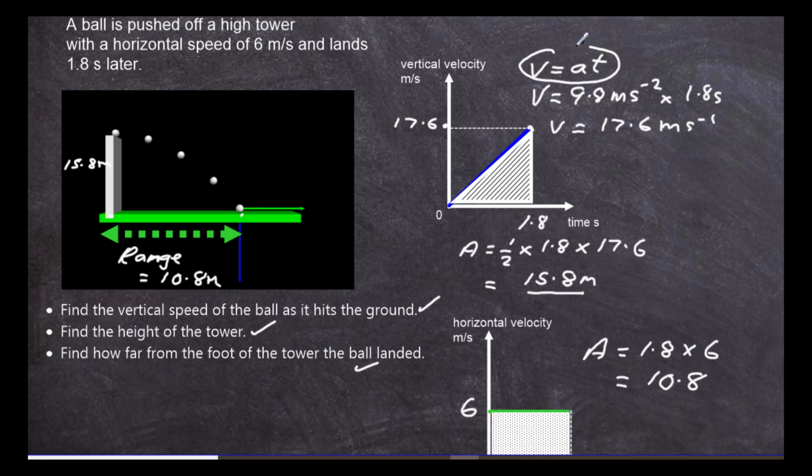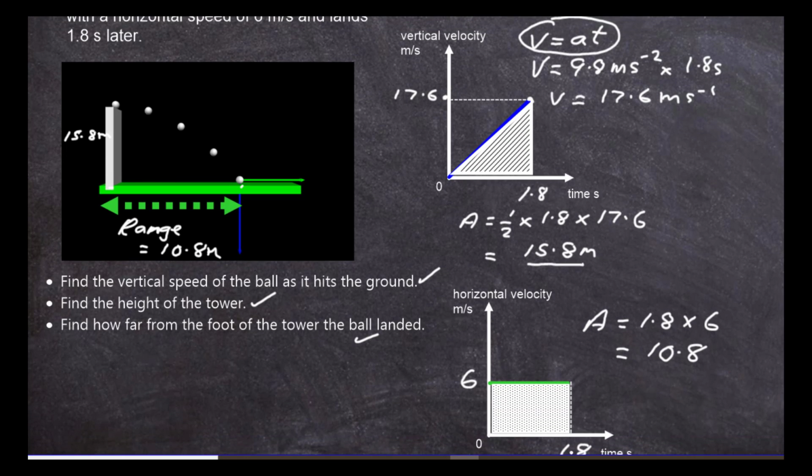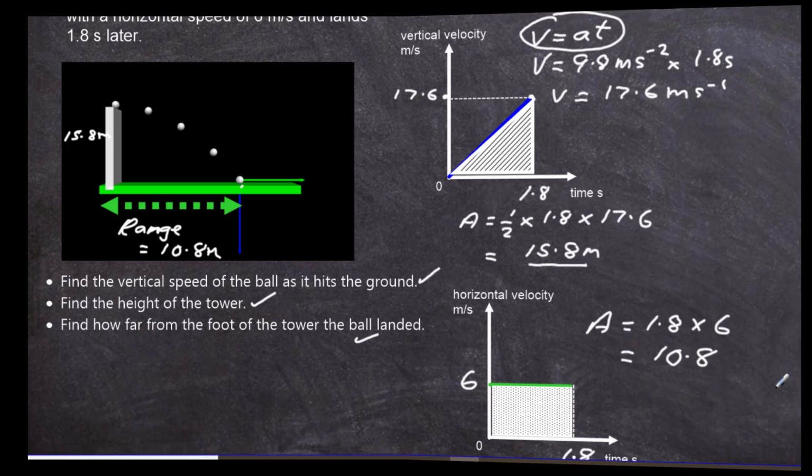That gives you the velocity at any particular point in that journey. So 1.8 seconds, we plug it in, a is going to be 9.8, and we can get the velocity at that particular point. So knowing your 2 graphs well will enable you to work out the problems of these horizontal projectiles.